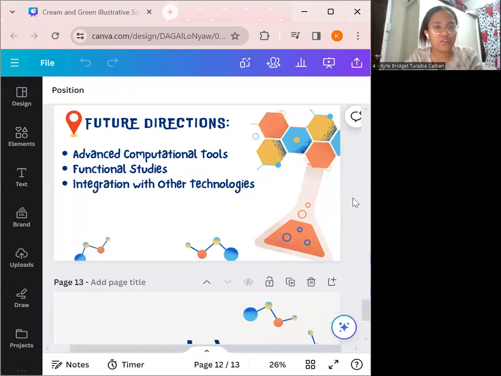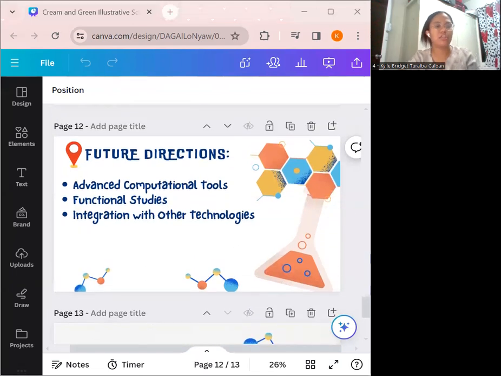So what are its future directions? I have listed three things. Number one is advanced computational tools. Developing sophisticated computational tools tailored for CNV data analysis can reveal patterns and correlations between CNVs and specific phenotypes.